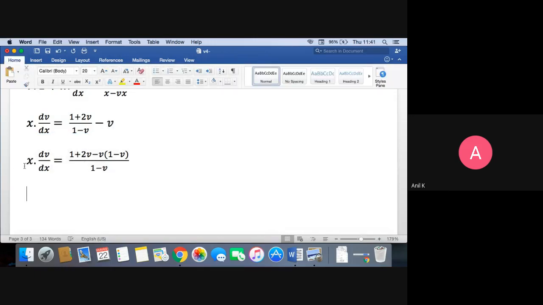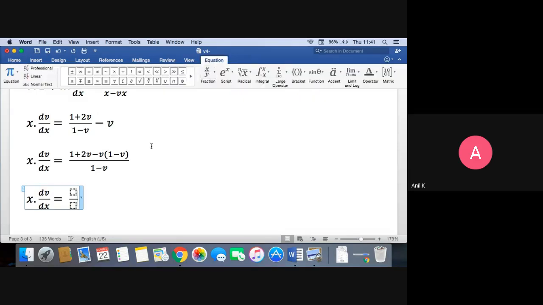Next step, still I keep this x dv by dx as it is, equals to, let's see how the numerator is simplified and what you get after simplification. Your denominator will be 1 minus v only. In the numerator, I think I'll get it as 1 plus v, and this will be plus v square, 1 plus v square.